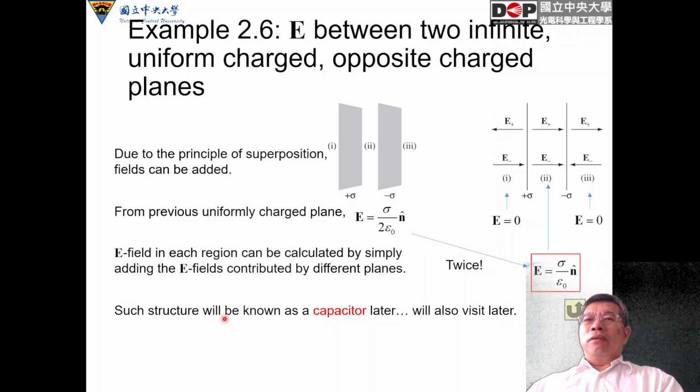This structure will be known as a capacitor later, so we'll visit it much later. The capacitor is something you use in circuitry and electronics quite frequently. It's one of the most important basic components of circuitry. We'll come back later when we talk about material filling inside that kind of thing.